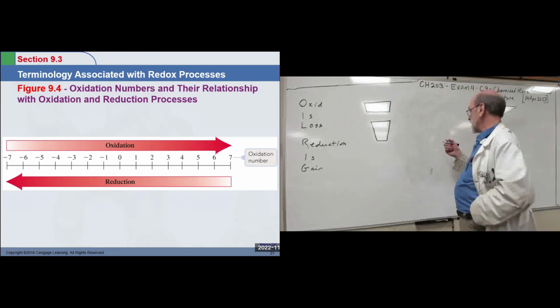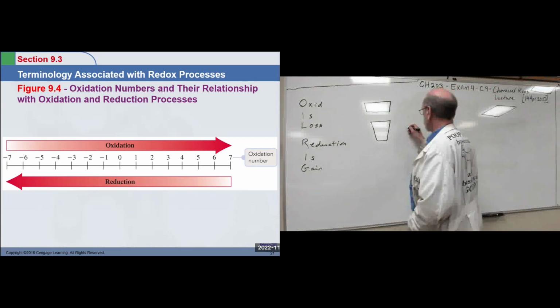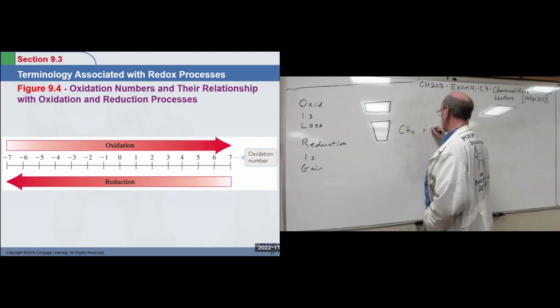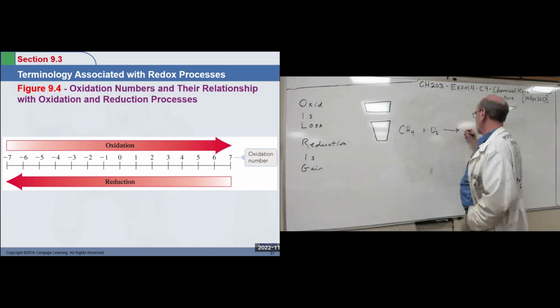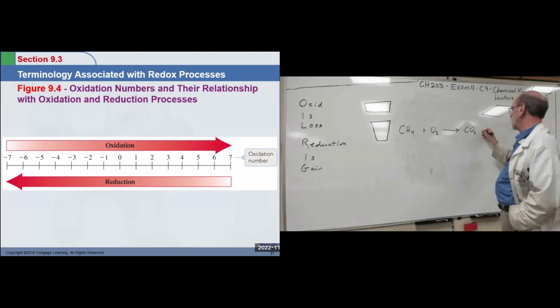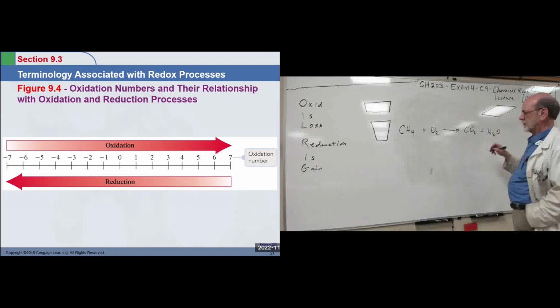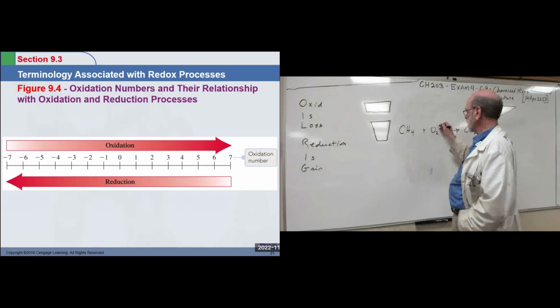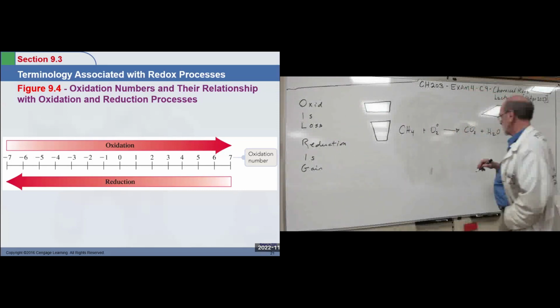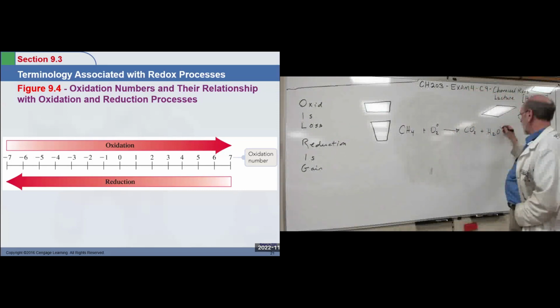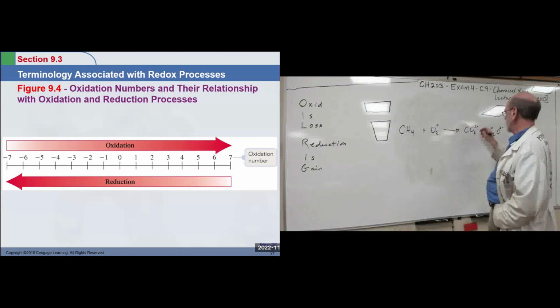Right? Oh, here's a perfect example. Our earlier example of methane plus oxygen, this combustion reaction, produces carbon dioxide and water. So the oxidation numbers here, that one's 0. The oxygens are 2 minus, this is 1 plus, this is 2 minus.